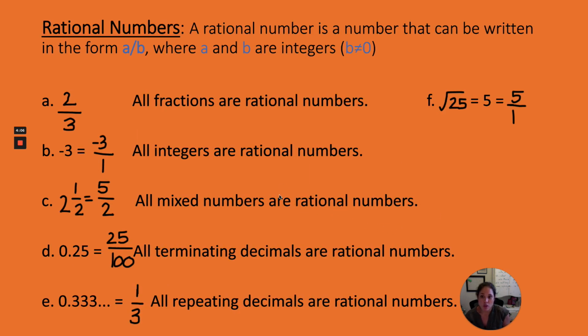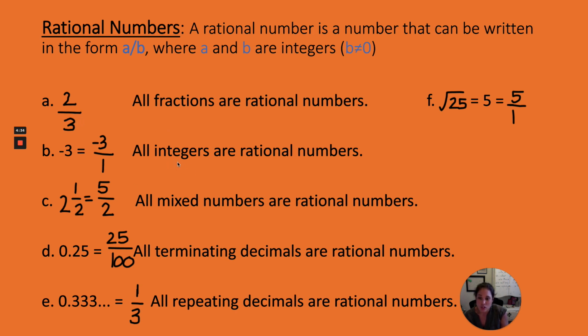So rational numbers, this is a new term for you. A rational number is a number that can be written in the form of a over b, where a and b are integers and b does not equal 0. So let's talk about what numbers are rational. All fractions are rational numbers, such as 2/3.